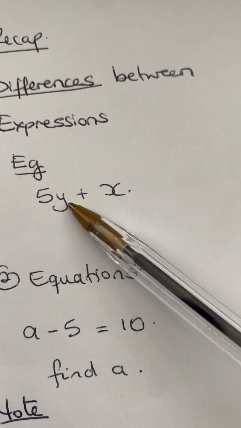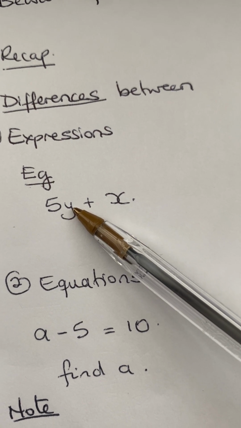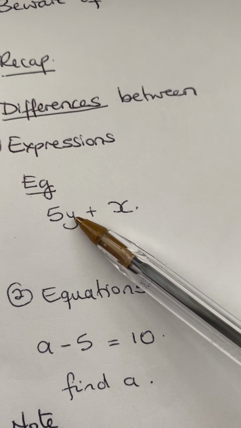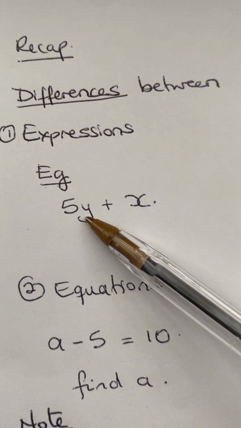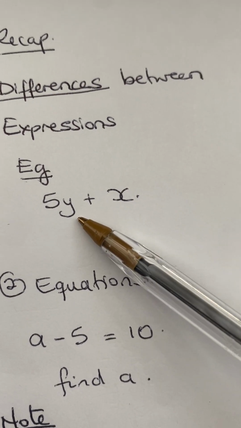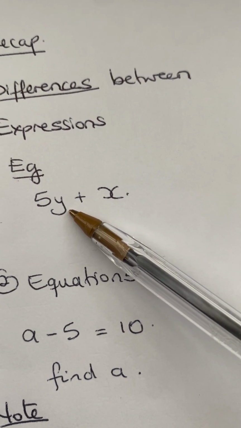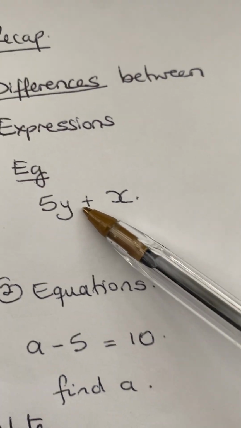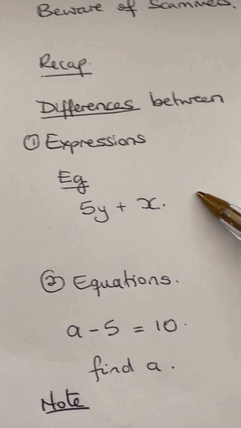That is why I have this pen. So if I'm pointing at 5y, it's 5y. Okay, it's not 5%, it's not 5 degrees, it's not 5 pounds, it's 5y. Okay, so follow the notes, and follow where the pen is going.